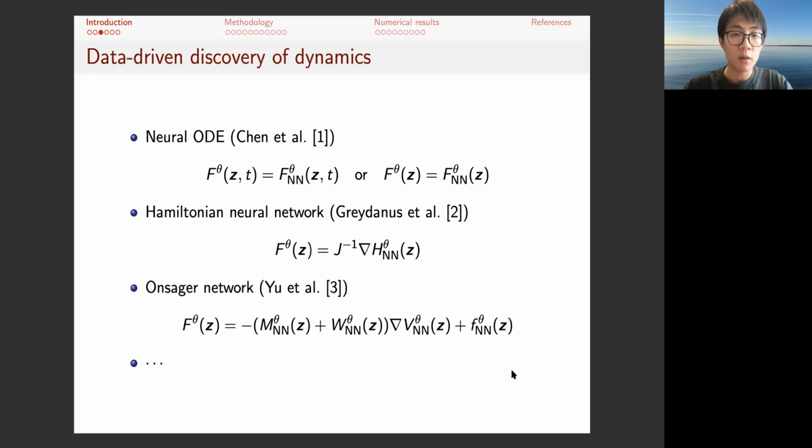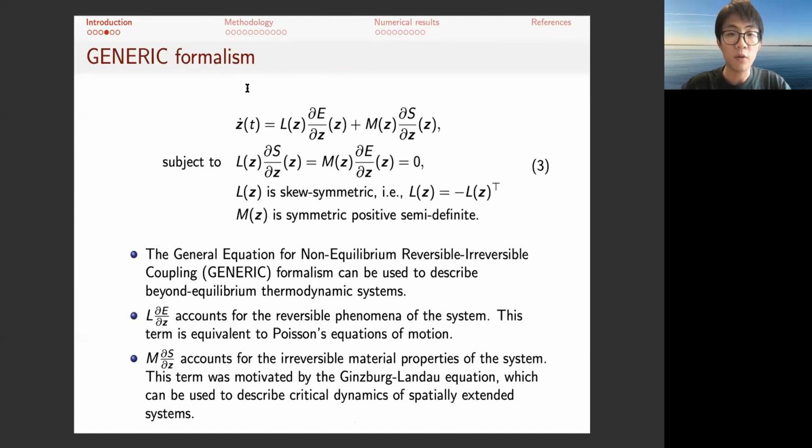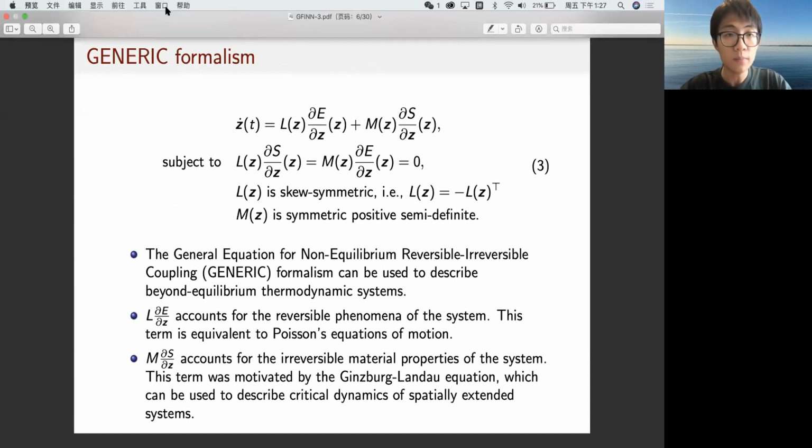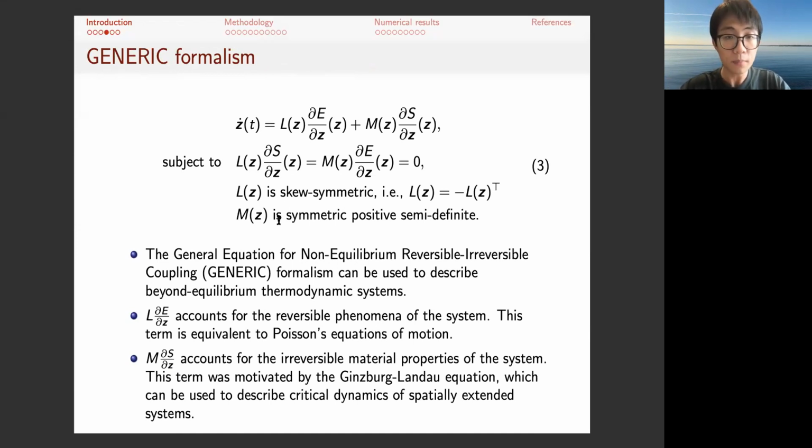Our goal here is also to learn from general dynamical systems, which could in general be dissipative or irreversible. We want to incorporate the so-called GENERIC formalism into the neural network through hard constraints. So what is the GENERIC formalism? Basically, it takes the form z dot equals L times dE/dz plus M times dS/dz.